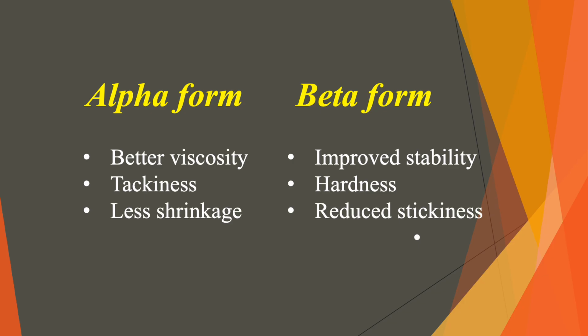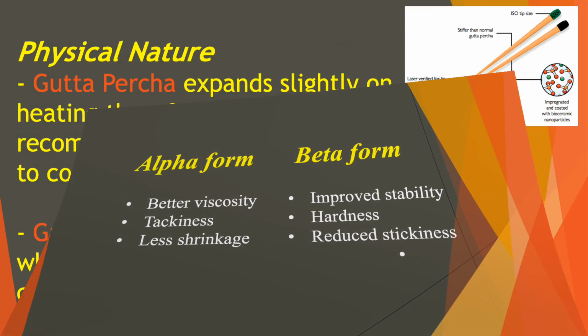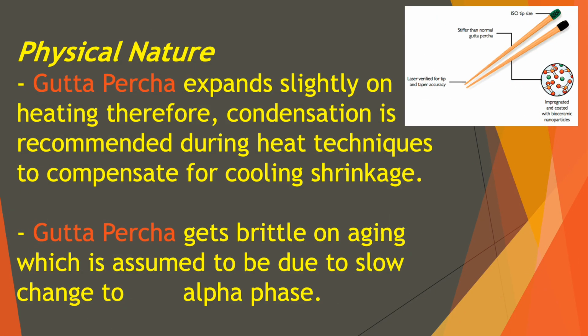So the gutta-percha which we use now in the market is in the beta form. When we take this beta form and heat it, it becomes the alpha form.